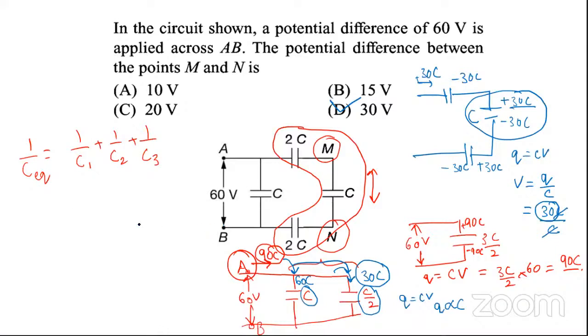See, we got Q equals 90C, which was actually the total charge that was given out by the battery. Now this 90C charge is being distributed in this branch and this branch. Alright, see, it is going in over here and over here. Now we have to reach this capacitor, so we need to find how much charge is being developed over here.